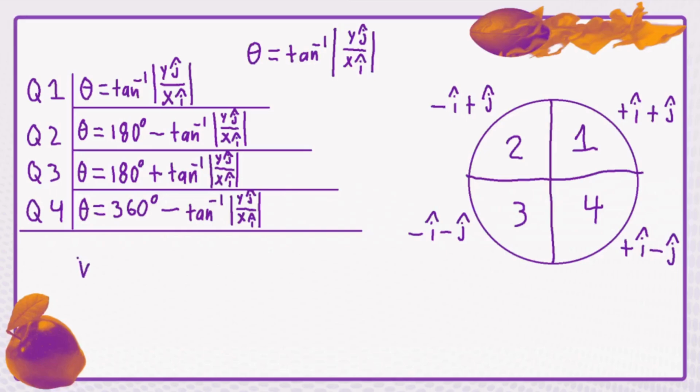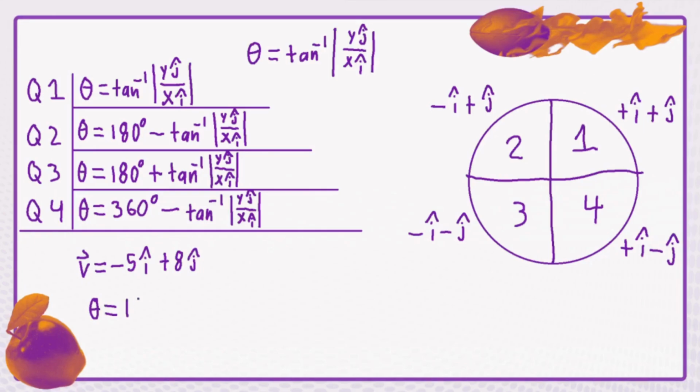Let's try solving for the angle of the vector negative 5i plus 8j. First, we need to use the rules to find the quadrant. i is negative and j is positive, which means it should be in the second quadrant. So we'll use that form of the equation.